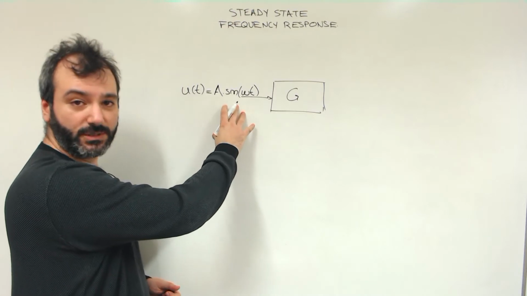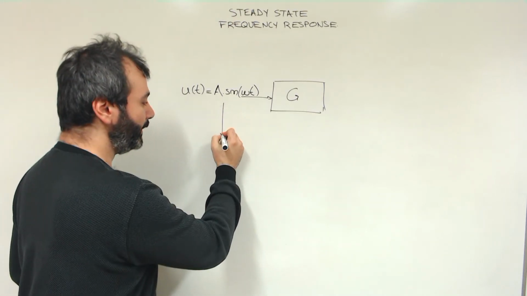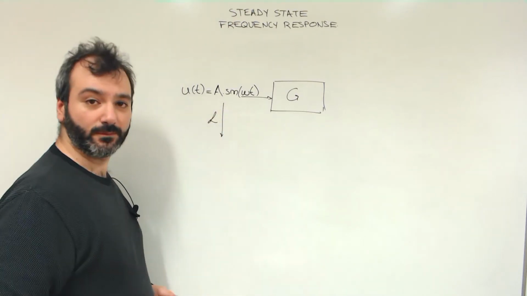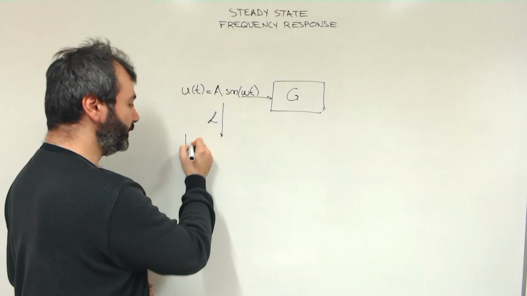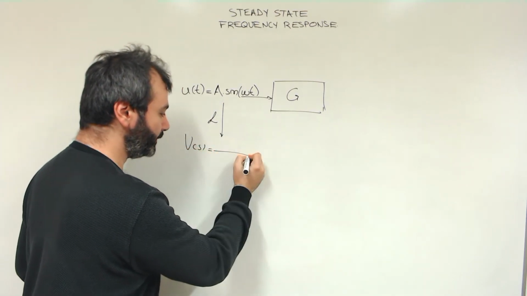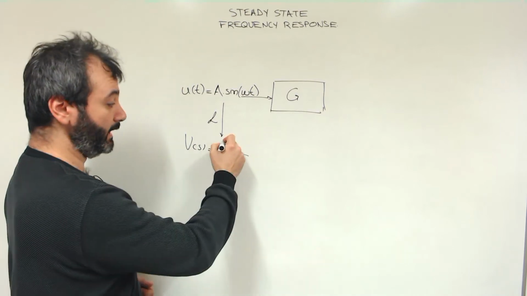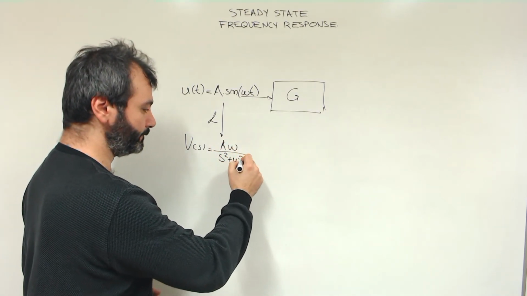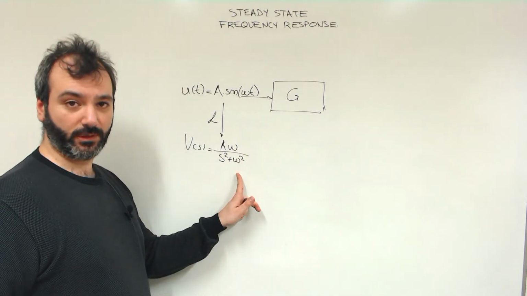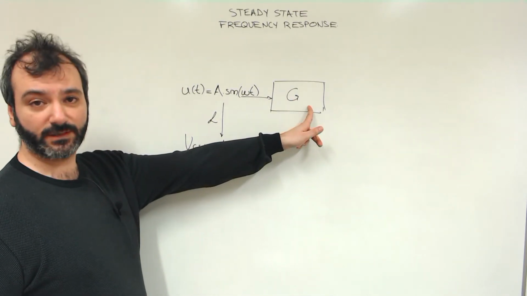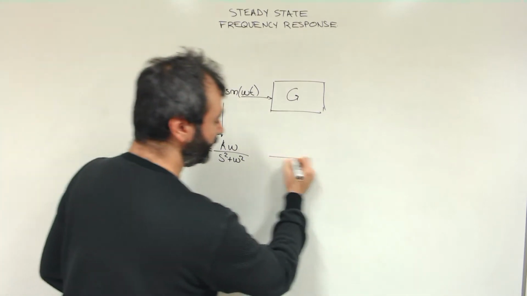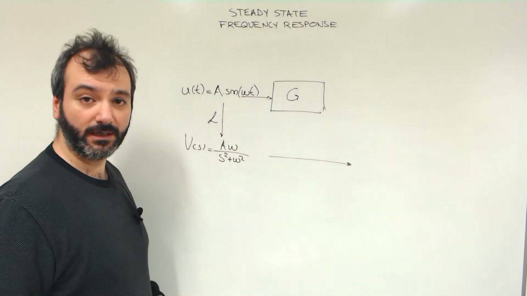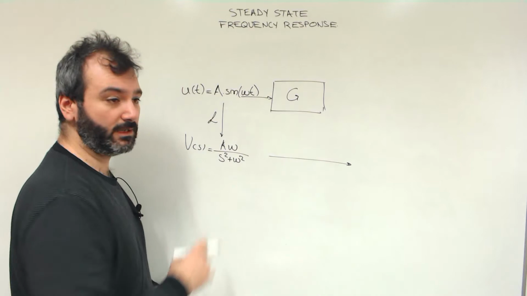Take the signal, which is in the time domain, and apply the Laplace transform. So the S-domain signal becomes u of s is a times omega over s squared plus omega squared. And given that we have the transfer function of the system, we know that the output, again in the S-domain, is the input times the transfer function.